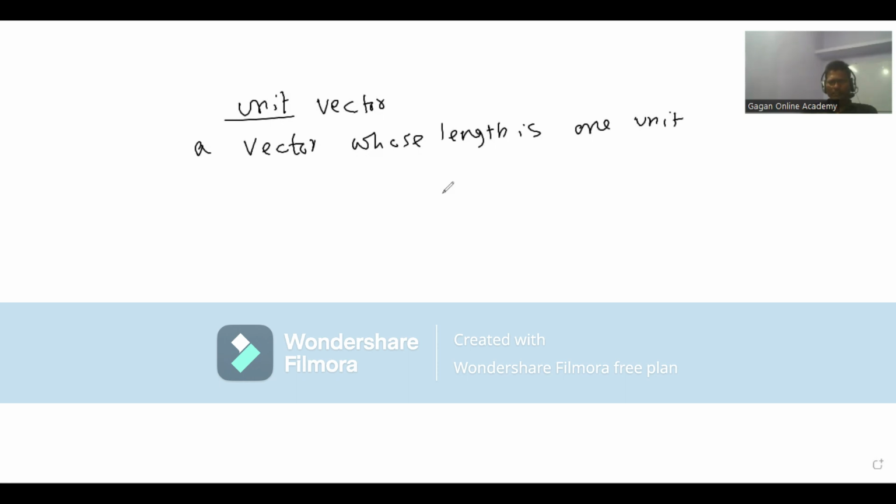So I am writing, say this is one vector, vector A. In the direction of this vector, I am taking a small vector. The magnitude of this small vector is 1 unit. Then this small vector is called the unit vector in the direction of vector A.